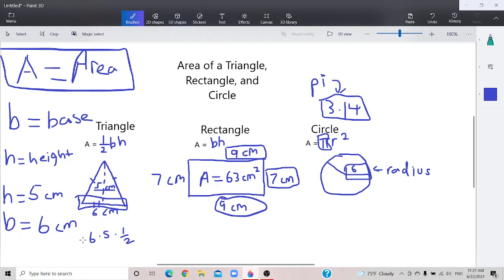I encourage you to pause the video here and try calculating this right now. Okay, so we'll just group this. 6 times 5 is 30, and 30 times 1/2 is 15, because 1/2 is just dividing by 2. So 15 is here.